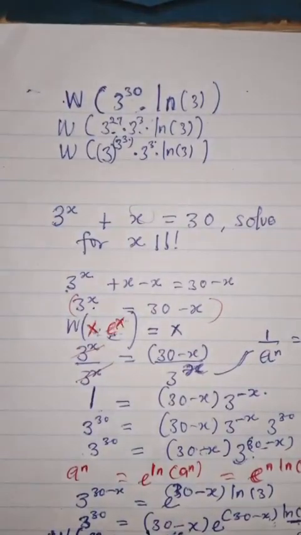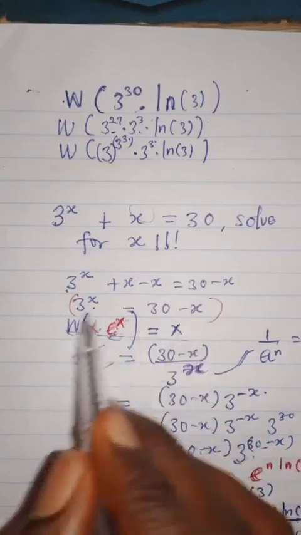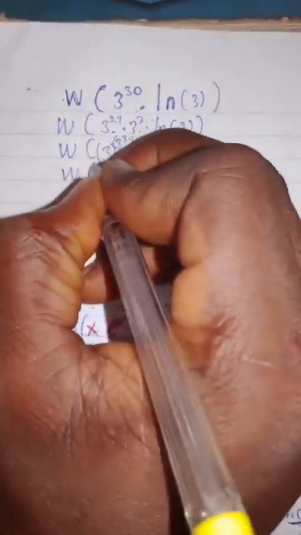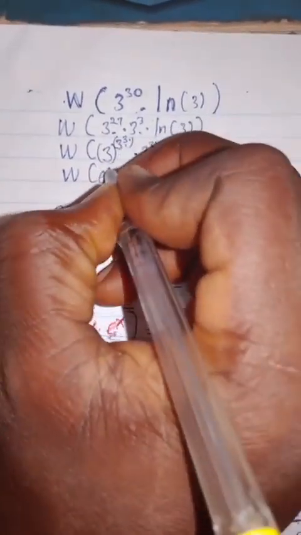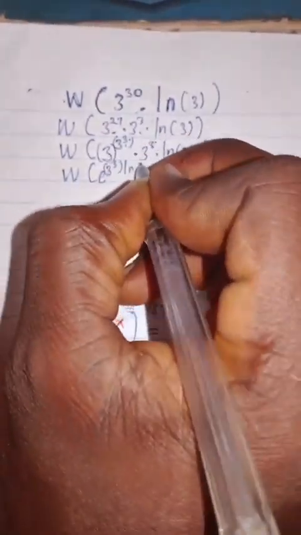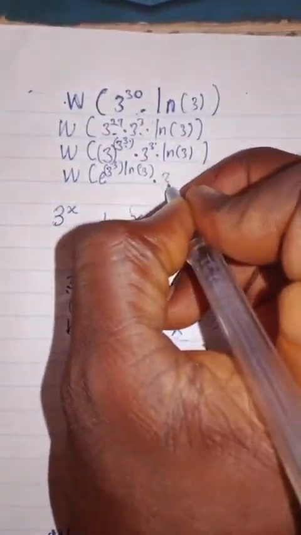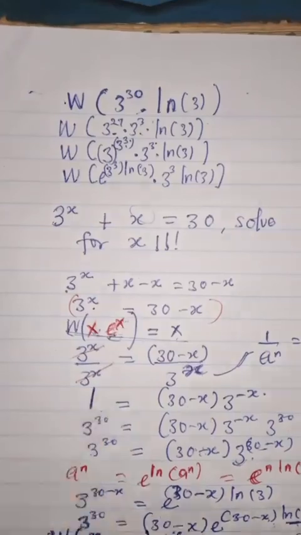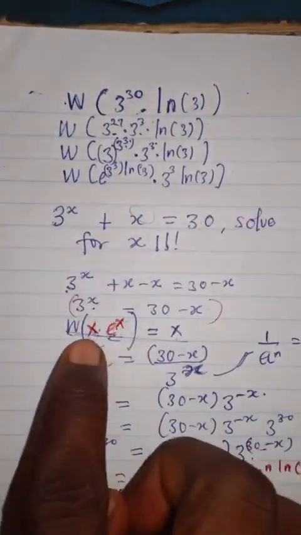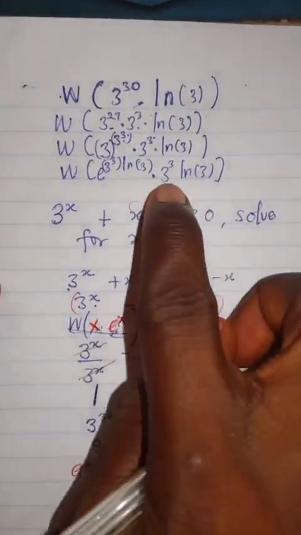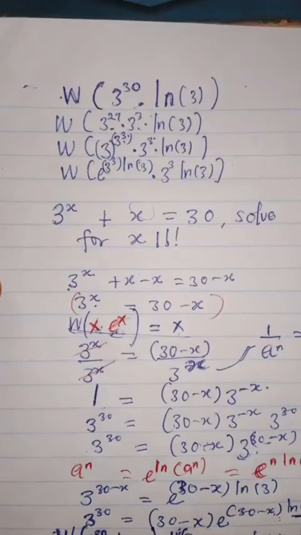So using the property of the Lambert function, this will just be the Lambert W function of e raised to the power of 3 raised to the power of 3 natural log of 3, then multiplied by 3 raised to the power of 3 multiplied by natural log of 3. Then if I take the Lambert W function of this, according to this property, this will just be 3 raised to the power of 3 natural log of 3.